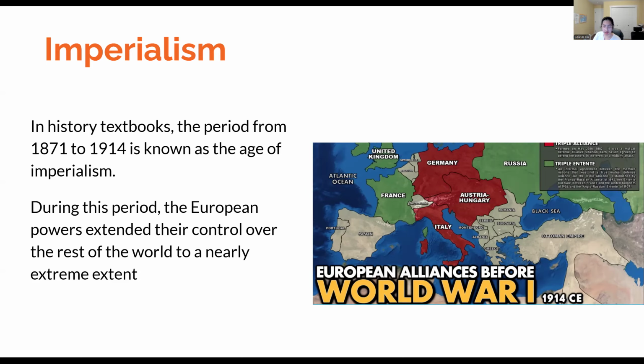Assassination of Ferdinand, right? Of course, there were definitely a lot of factors, but Archduke Franz Ferdinand's assassination was the trigger that happened.